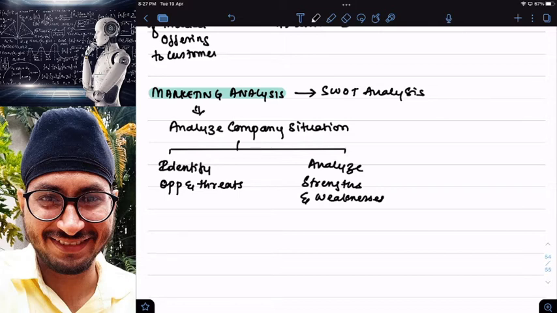Now, opportunities and threats, according to you, are internal factors or external factors? They are external factors, and strengths and weaknesses are internal factors. Clear?